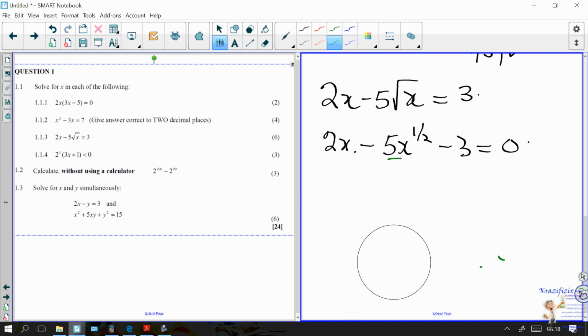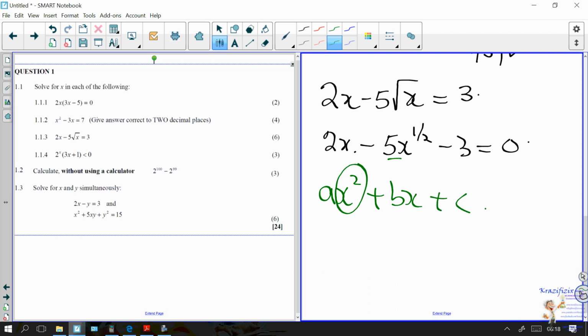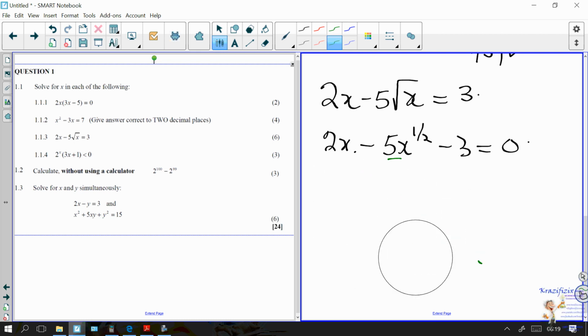Look at the general formula of a quadratic equation: ax squared plus bx. What is the square root of x squared? It gives me x, because the square root of x squared is x squared multiplied by half. All right, having quickly understood that, look at what I'm going to do here. What is my product?